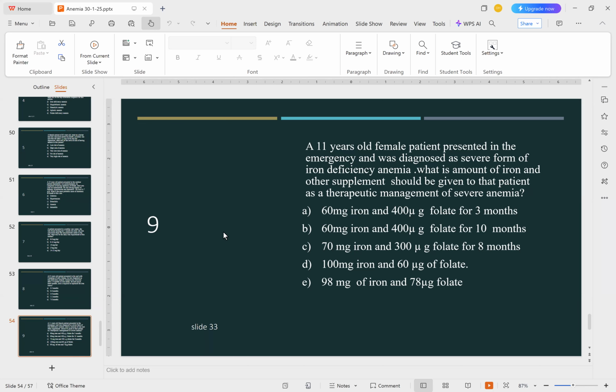It's A, 60 milligram iron and 400 microgram folate for 3 months.